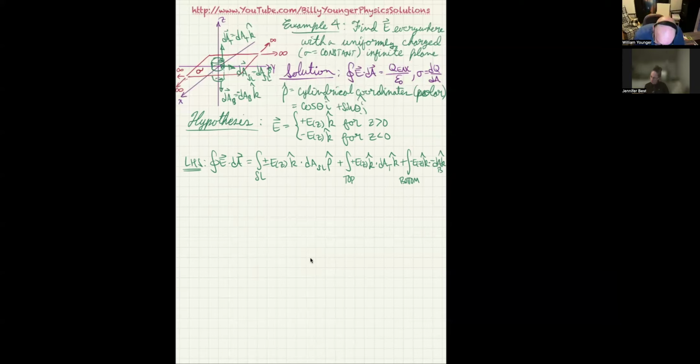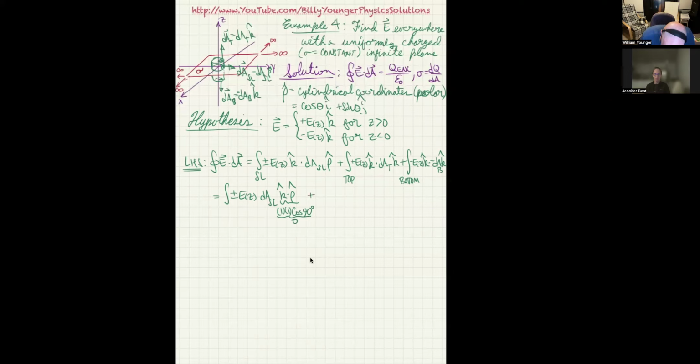Okay. So the first integral can be the integral of plus or minus E of Z. Notice the Z actually varies. I can't call that constant, so I can't pull that out in front of the integral. I can still, because the dot product is a linear operator, pull the E through the dot product, but now I'm left with k hat dot rho hat, which is, as I've shown you a few seconds ago, 1 times cosine 90 degrees, which is 0.